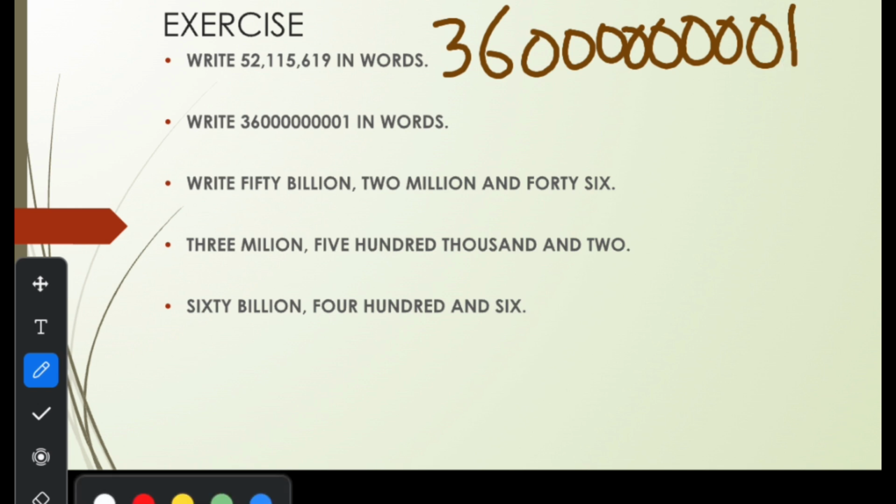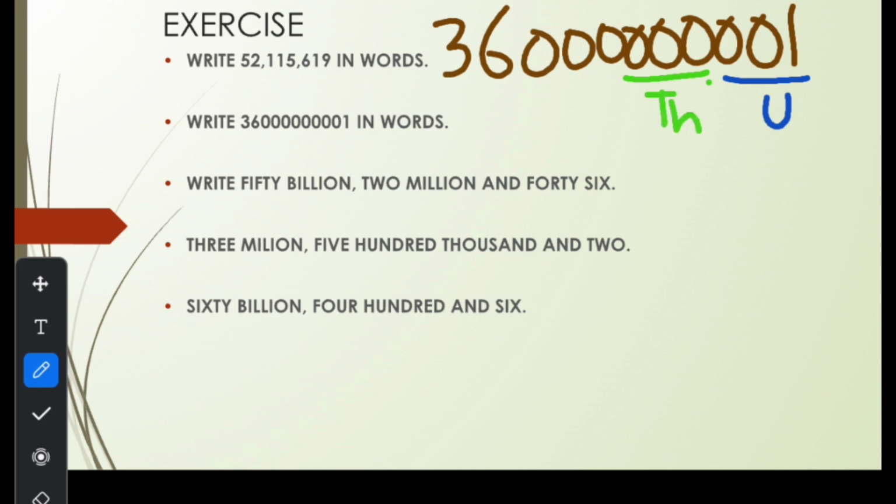So recalling the process that was explained in the previous slide, we'll put them under the periods. This is units. Let me show the next period as thousands. The next period, millions. And finally, the last period as billions.